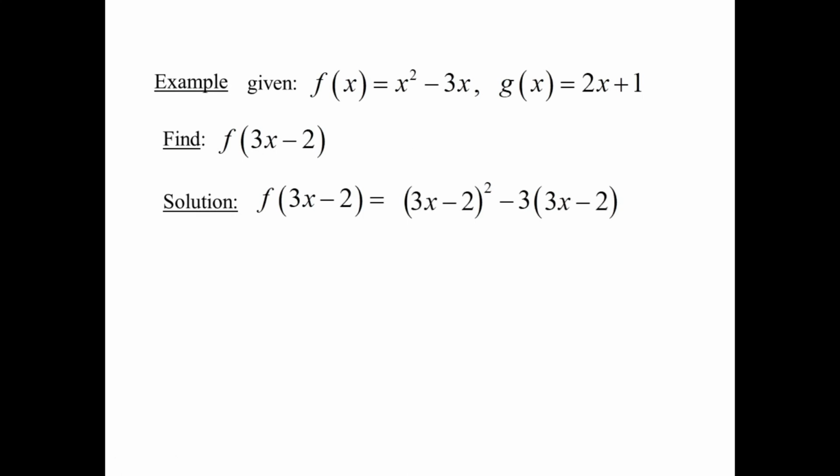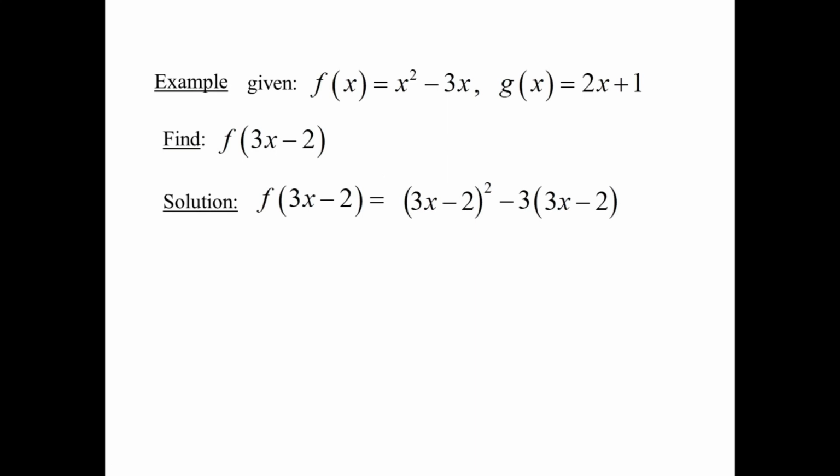So there it goes. There it is. 3x minus 2 squared minus 3 times 3x minus 2. And the rest is really grade 10 math. It's just a matter of squaring a binomial here. We have to square this and then subtract minus 9x plus 6 when you distribute the multiplication of the negative 3. And so let's work on this.